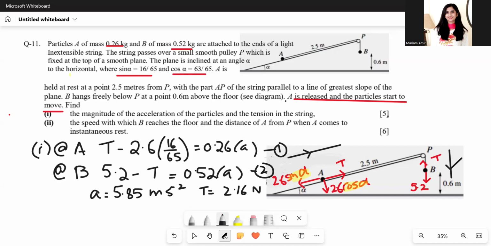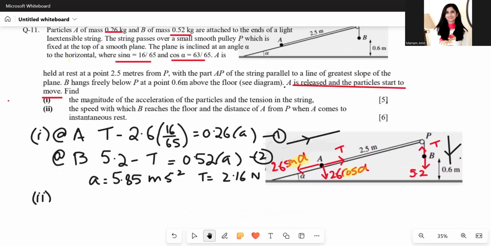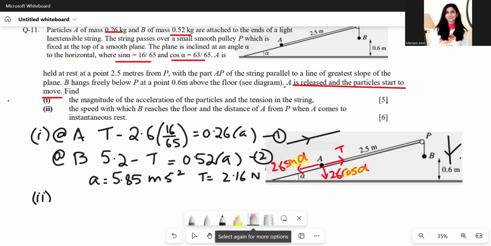In part 2, it says find the speed with which B reaches the floor. Let's take a look at B. Currently, its initial speed u is 0. As it moves, it covers a distance of 0.6 meters, so s is 0.6. We know the acceleration of both particles is 5.85, and we need the value of v.